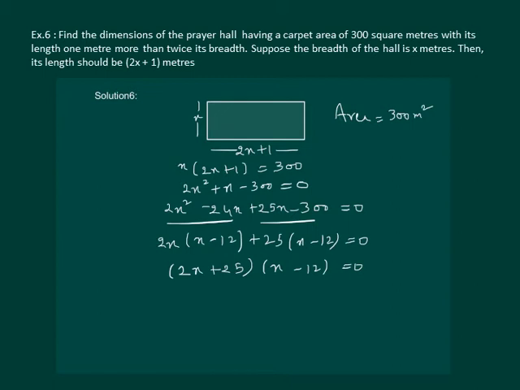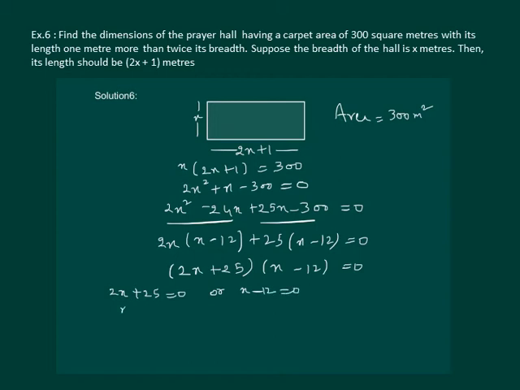Solving further to find the value of x, we get 2x plus 25 equal to 0 or x minus 12 equal to 0.